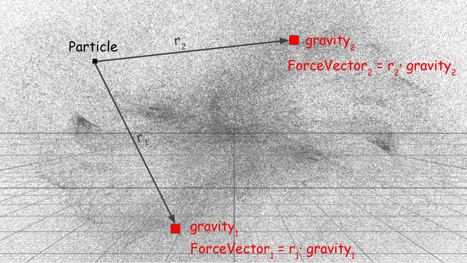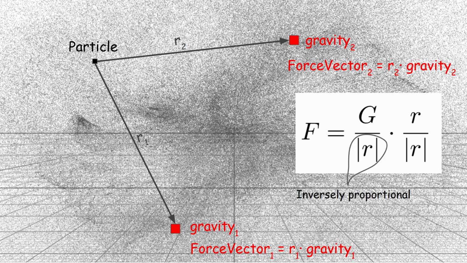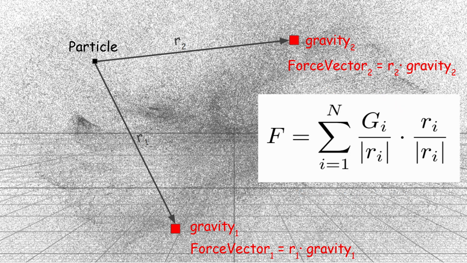We will make the force inversely proportional to the distance between the particle and the black hole, so the formula to calculate the force of a single black hole on a particle is as follows. G represents gravity, which is a constant, and R is the vector between the 2 objects. Since we have multiple black holes, we actually need to sum up this formula over all of them to get the total force for each particle.